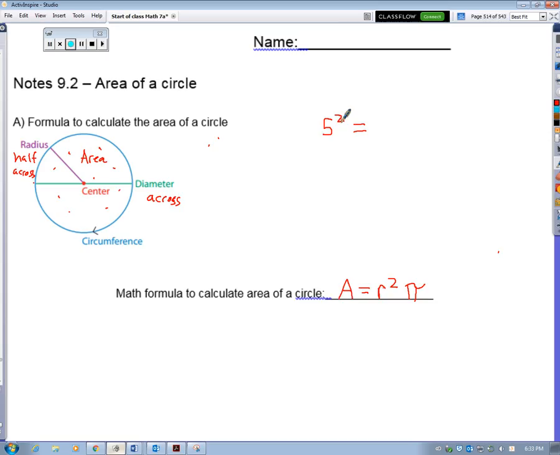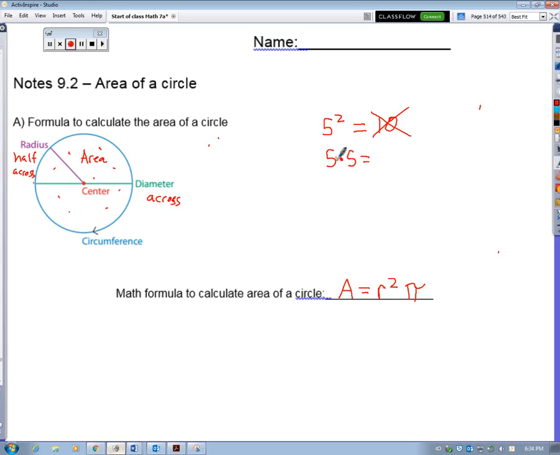When you see 5 to the power of 2, when you see a number to the power of 2, what people want to do instinctively is go, okay, this is 5 times 2, and they want to make it 10. Don't do that, guys. It is not 5 times 2. What this power of 2 means is that you're going to have 2 of these numbers, 2 5s. So what it actually means is 5 times 5.